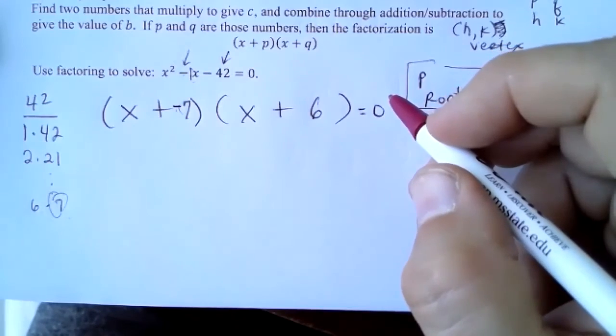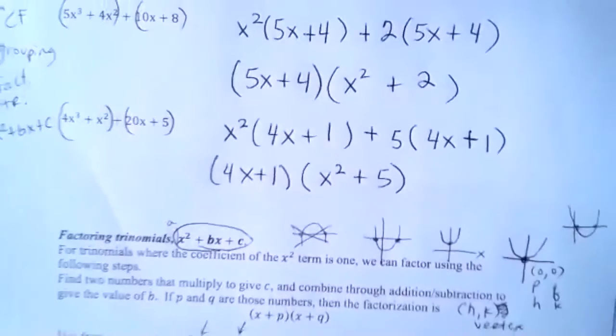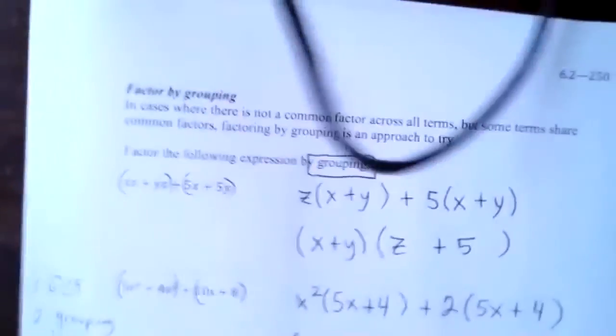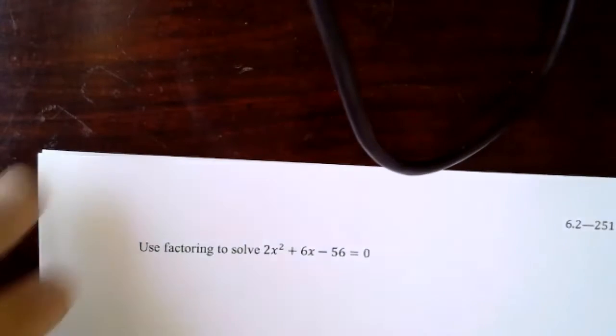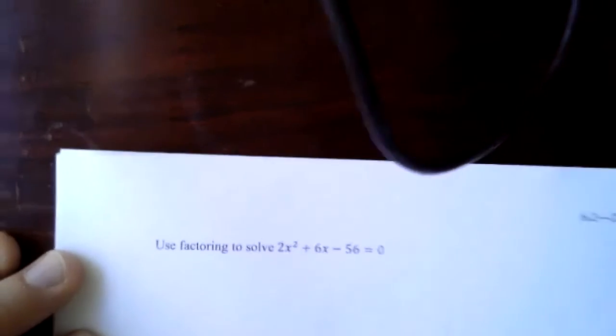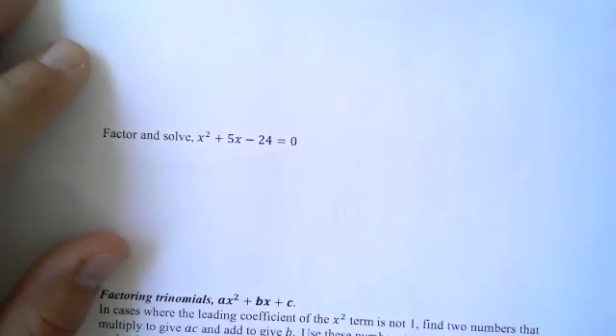Now, okay, so let's go back and look at this, all right? I'm going to pull this back and work on the next problem. Okay. All right, we're going to do the same thing, but with a little bit more advanced problem here.